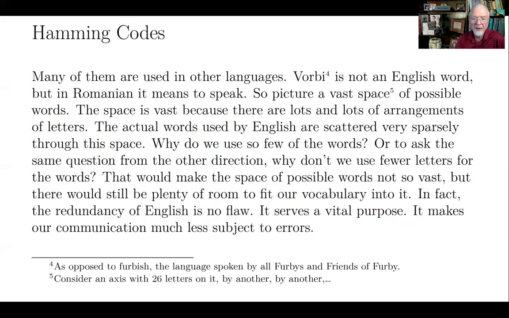So although we don't use them, many other languages do use some of the combinations that we don't use. So why don't we use fewer letters? Well, because it makes our communication, by using all of this redundancy, much less subject to errors.